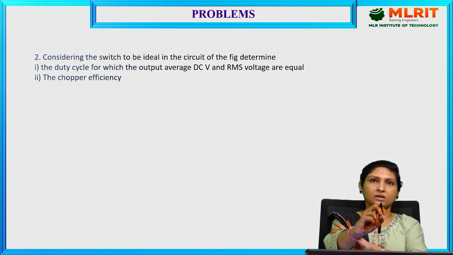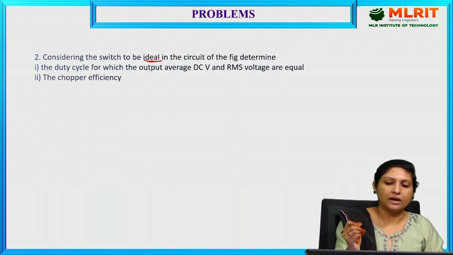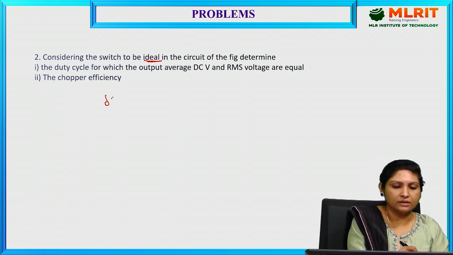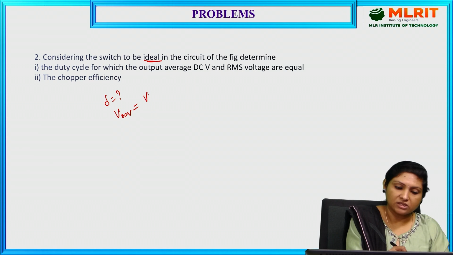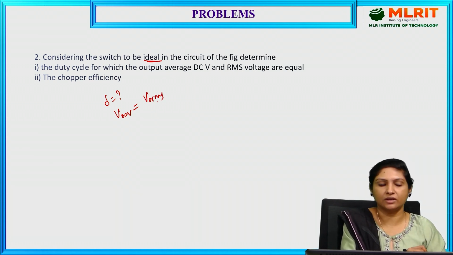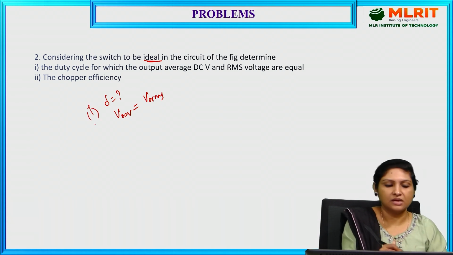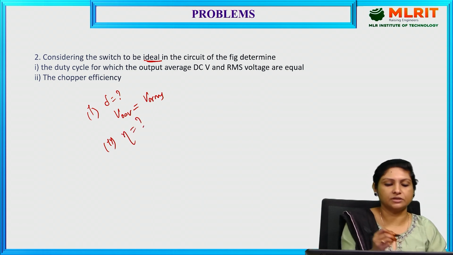So considering the switch to be ideal, we need to find out the duty cycle for which V0 RMS is equal to V0 average. In that case, you need to find out delta first. And the second part asks you to find out the chopper efficiency.